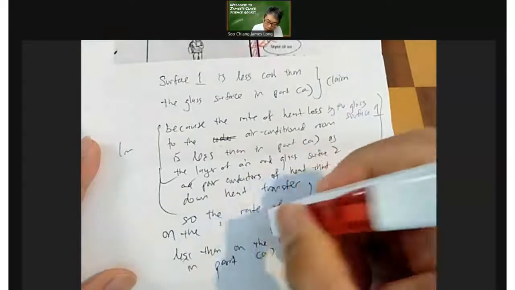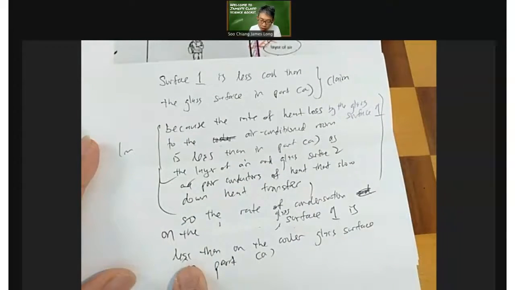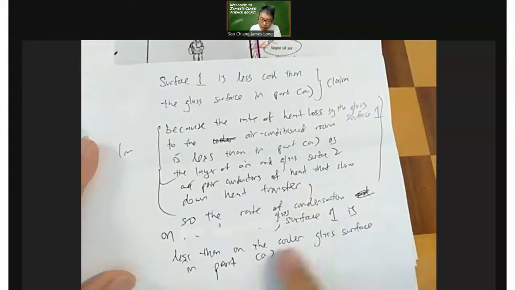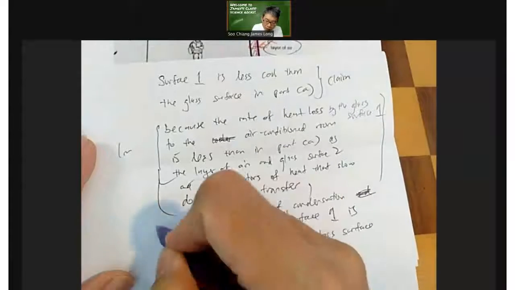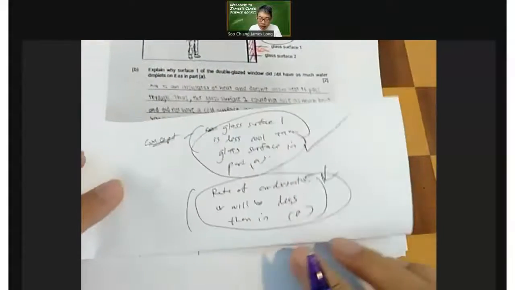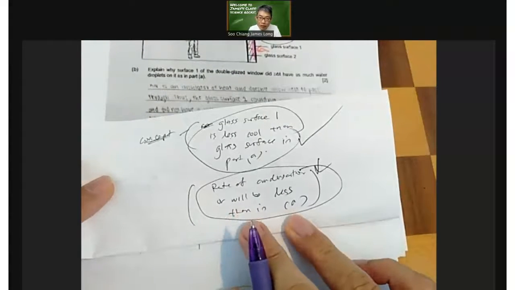You know why? Because I mentioned it here. So the rate of condensation on the glass surface 1 is less than on the cooler glass surface in part A. This will give me the second 1 mark because I'm talking about the lower rate of condensation.